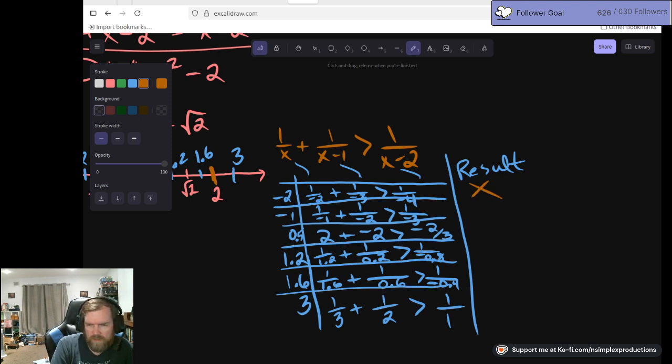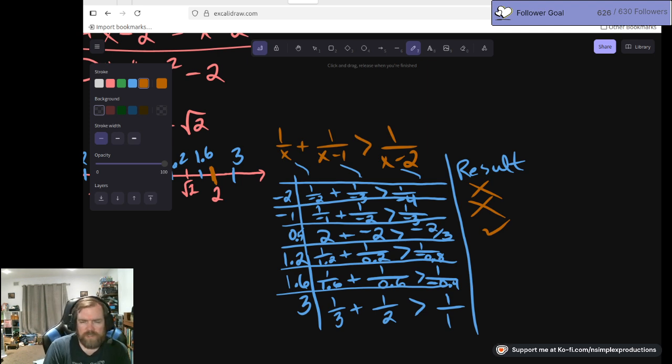Negative 1 plus negative 1/2 is negative 3/2 is greater than 1/-3. That's false. Okay, 2 plus negative 2 is 0, so that 0 is greater than negative 2/3, which is correct.